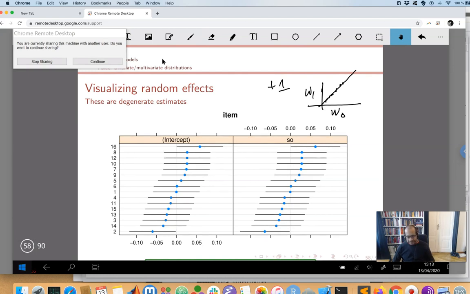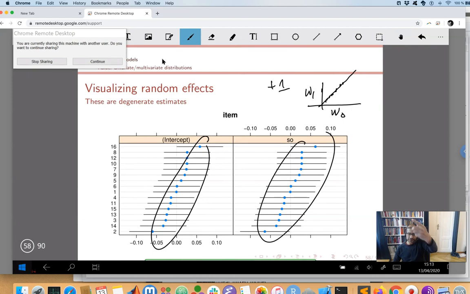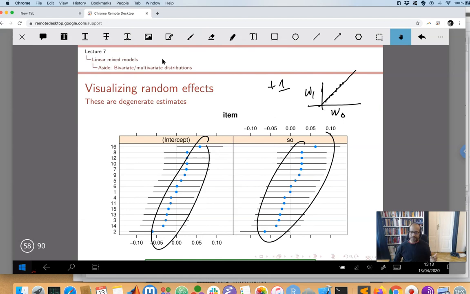And secondly, what's really happening here is that the underlying machinery for estimating these parameters is actually failing to get an estimate, and it just lands at this extreme value and stays with it. And these dots are being generated as a consequence of the failure to estimate that correlation, right? So once the correlation is set at +1, then these predicted values are produced by the linear mixed model, and they do not reflect in any way the reality of the item level intercept slope correlations.